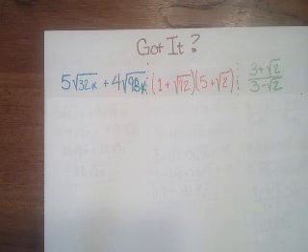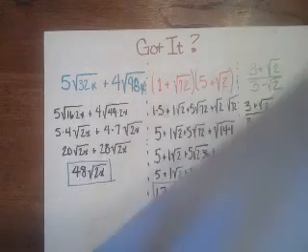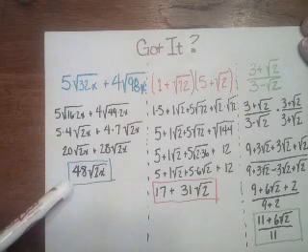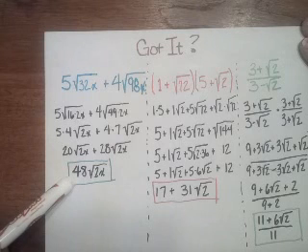I hope you've tried the problems, and even if you haven't, here are the solutions. Once you do all the simplification on this one, you end up with 48 times the square root of 2x.